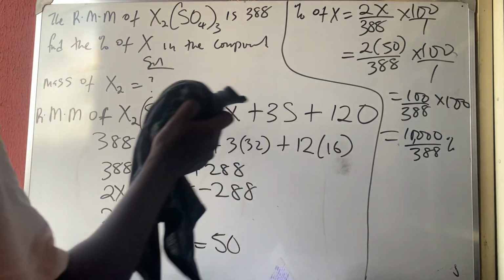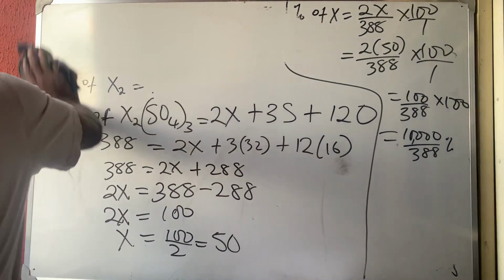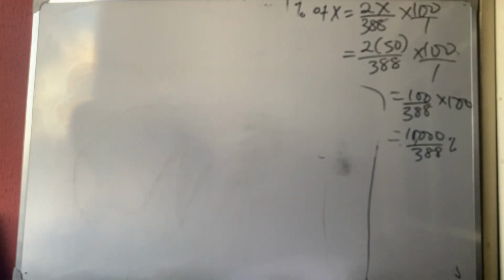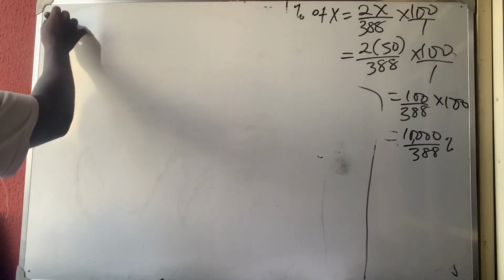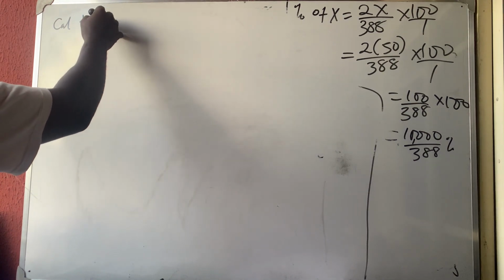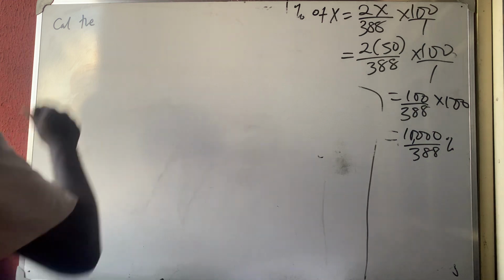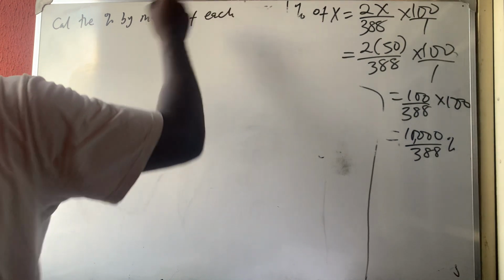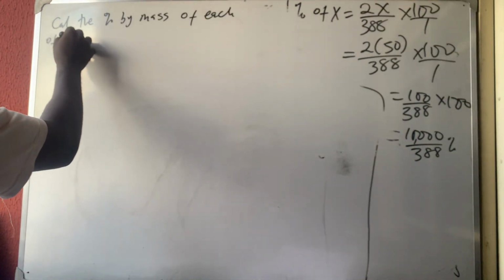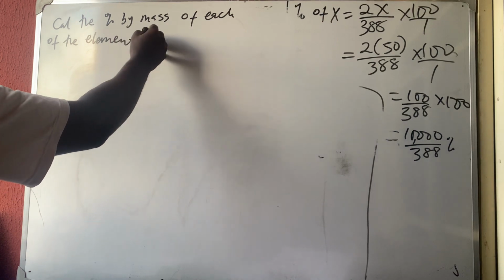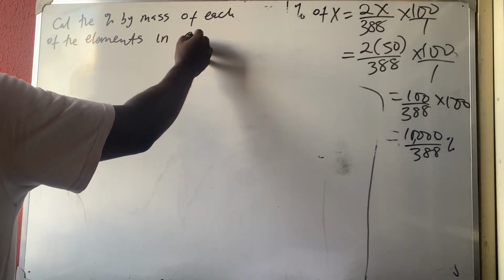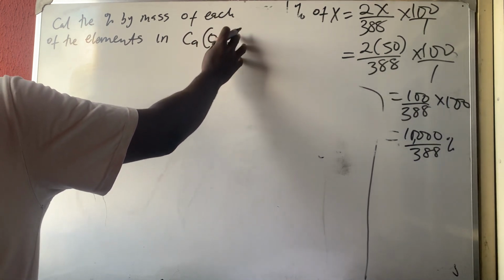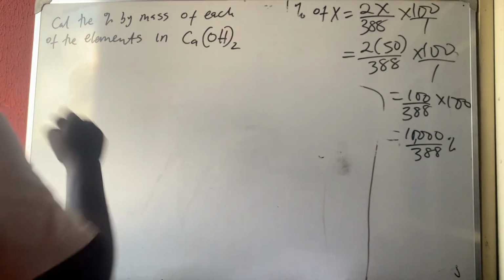Let me give you just one assignment that you will drop the answer in the comment section for me. The question I'm going to give you is: calculate the percentage by mass of each of the elements in Ca(OH)2.